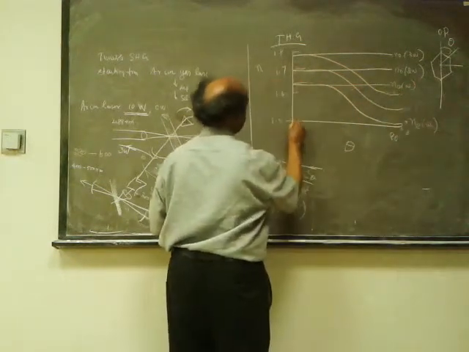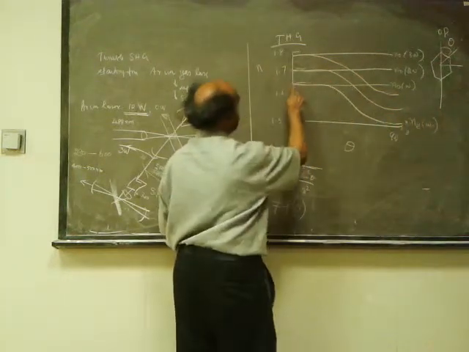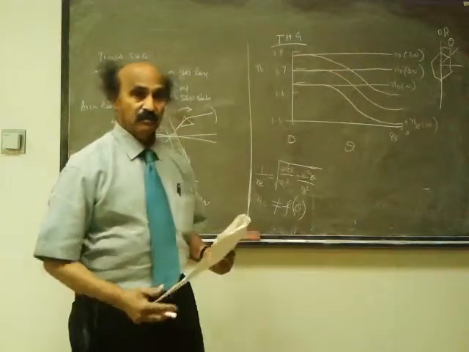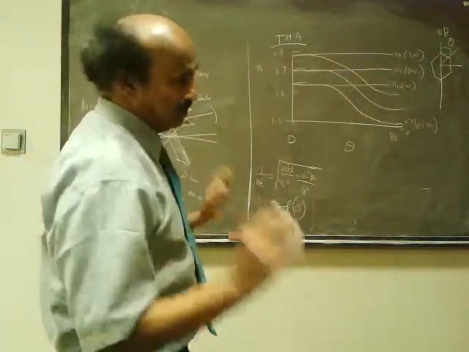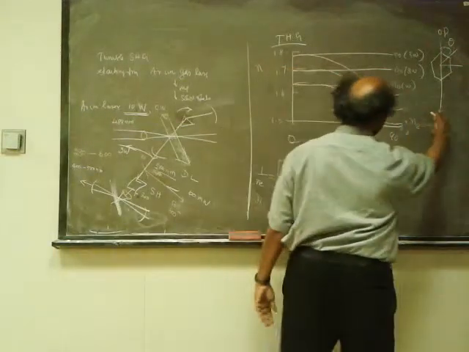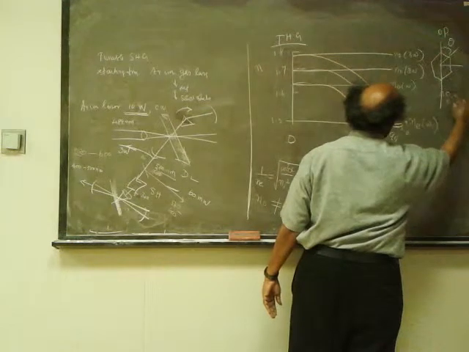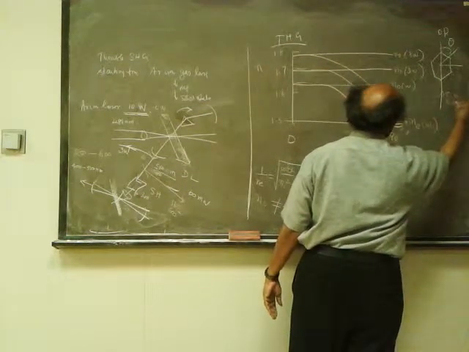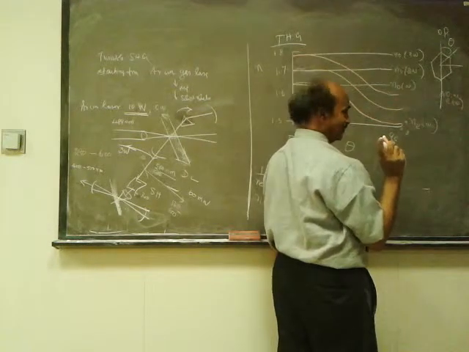Remember, at 0, at the optic axis, O and E are the same value. Am I right? And they go together, same speed. Here, O and E of omega will go together, but not 2 omega. Understand?